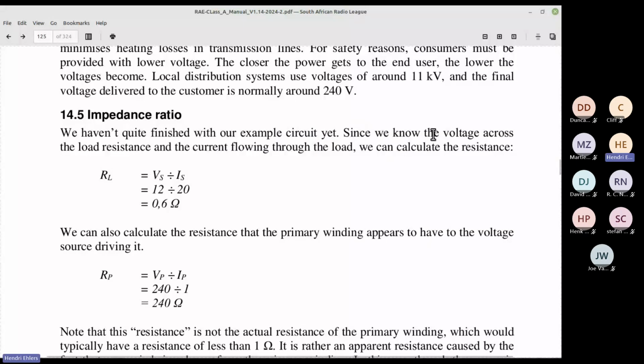Since we know the voltage across the load resistance and the current flowing through the load, we can calculate the resistance. So RL would be the load, voltage secondary divided by the current on the secondary. So it's 12 divided by 20. That's the same math we did just now. And that will give us 0.6 ohms on the secondary winding.